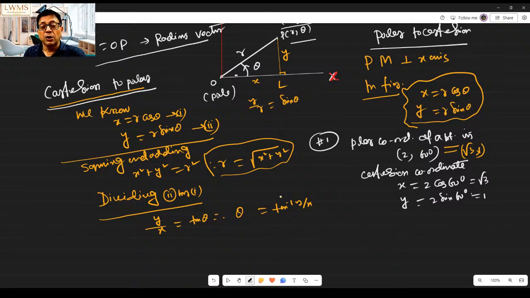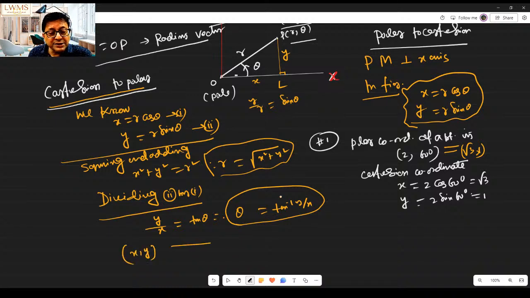Clear? So can I convert xy to r theta now? If I know x and y, then I can find r, I can find theta also. So xy can be changed to r theta by using relations 1 and 2.